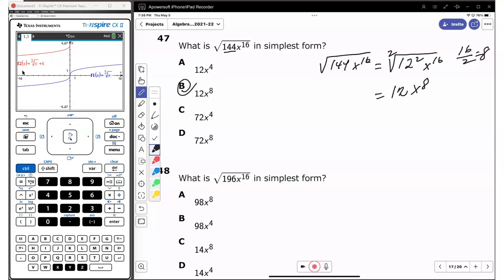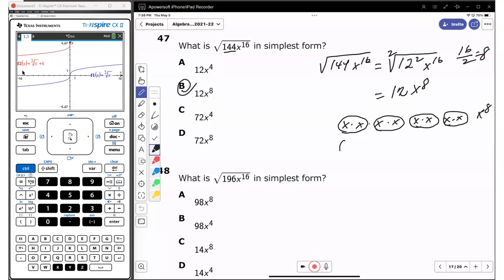In other words, if I had x times x times x times x, so that's 1 group, that's 2 groups, that's 3 groups, that's 4 groups. Now you notice we have 4 groups and we have 8. X times x times x times x times x times x times x times x. This is x to the 8th.